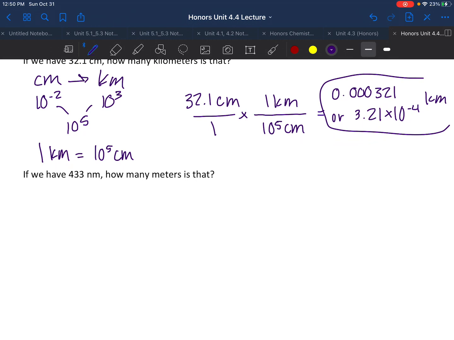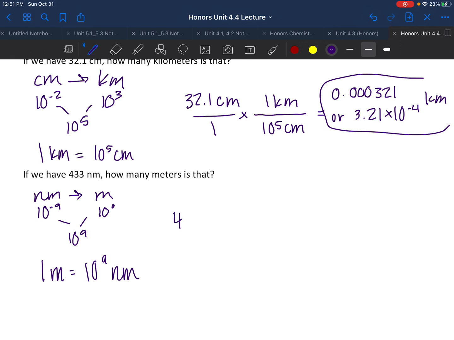On the next one, we are going from nanometers to meters. Pulling their values from table C, nano is 10 to the negative ninth. Our base unit is 10 to the 0. So the difference is 10 to the ninth. So we say for every 1 meter, we have 10 to the 9 nanometers.